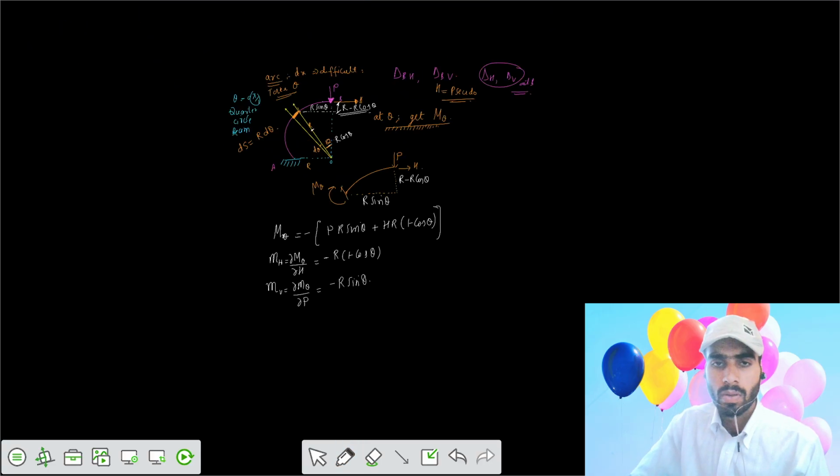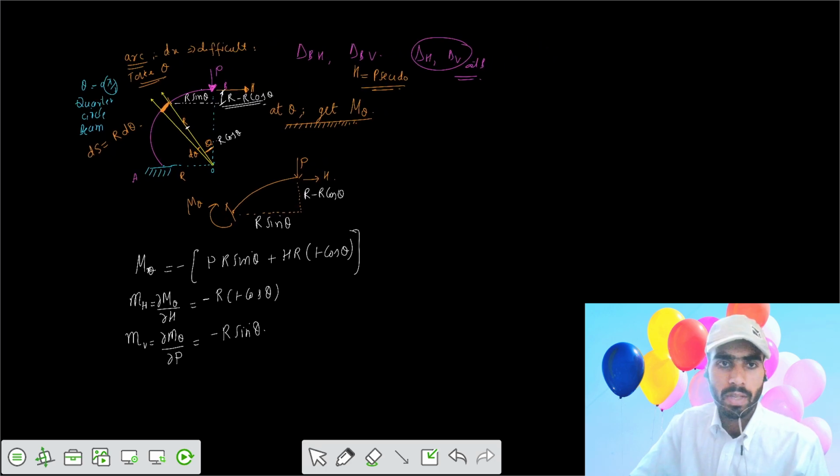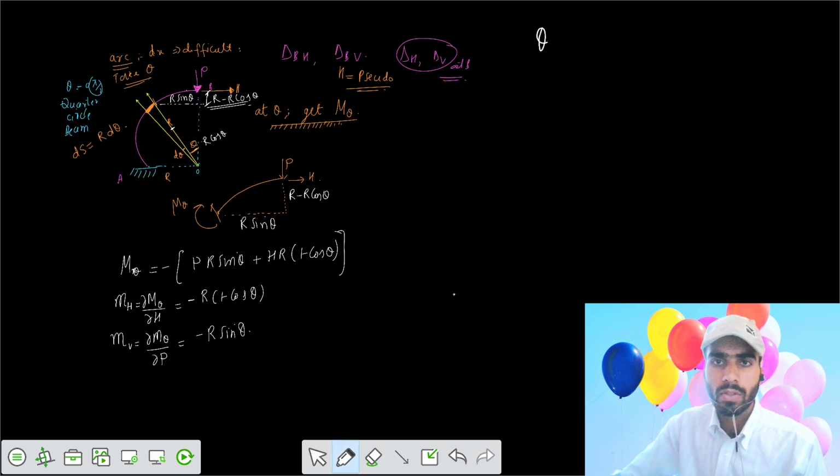So finally we got these results. We know the relation that theta goes from 0 to L, but here we are focusing on theta, so we write the integral from 0 to pi by 2 of M theta, small m, d theta, by EI. We don't have to write dx; we have to write along the surface, ds.